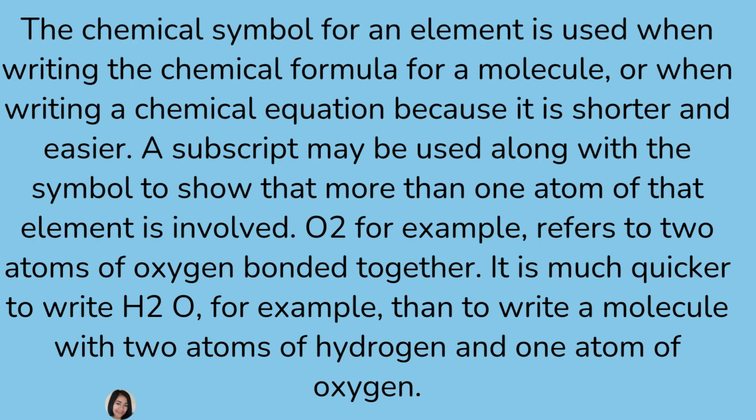It is used to show that there are more than one atom of that element. So, meron siyang dalawang atom sa isang element. Kaya, meron siyang nakalagay na subscript na 2 because this number 2 represents the number of atoms in an element.